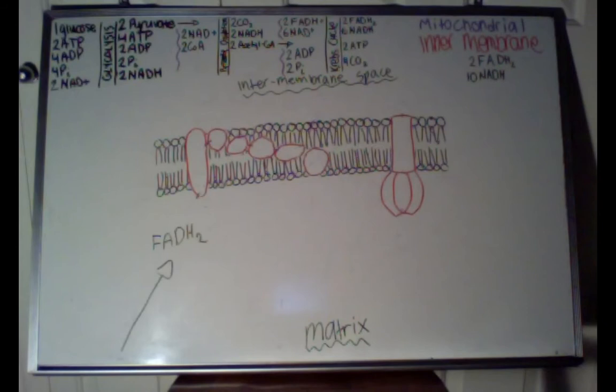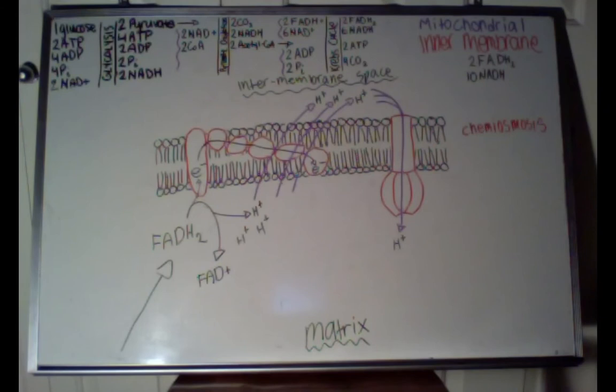So as a quick summary, we'll use FADH2 this time. Splits off. We have our FAD plus as our waste, hydrogen protons, electrons. Electrons move through the chain, pumping hydrogen protons across the membrane, which then drive the process of forming ADP into ATP. This is also known as chemiosmosis.